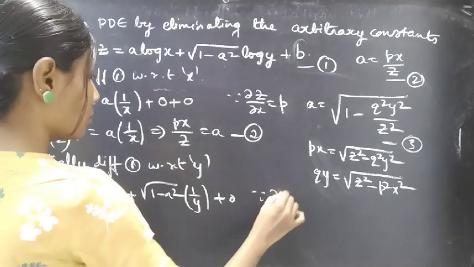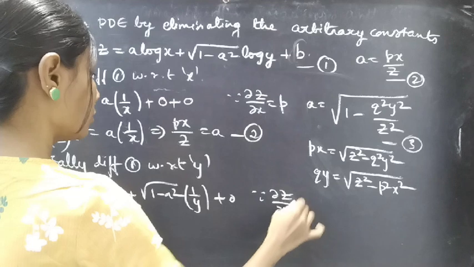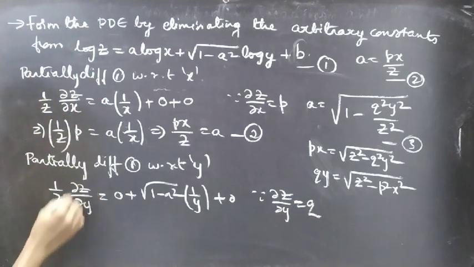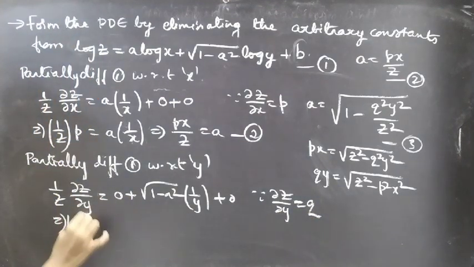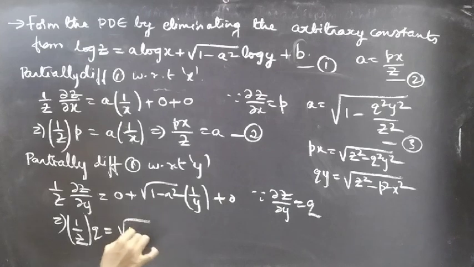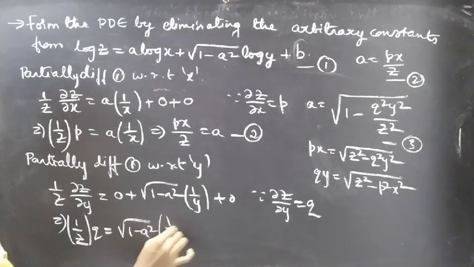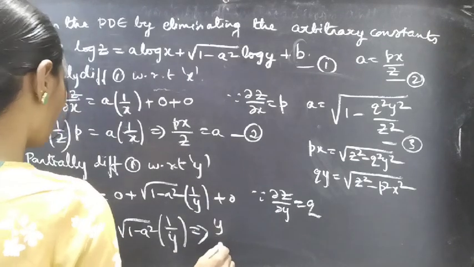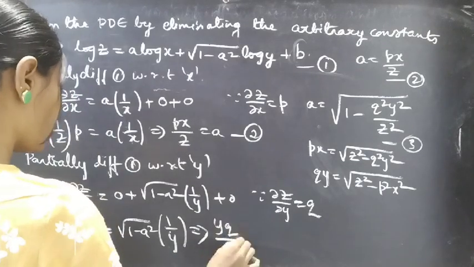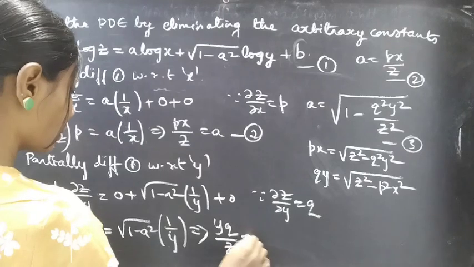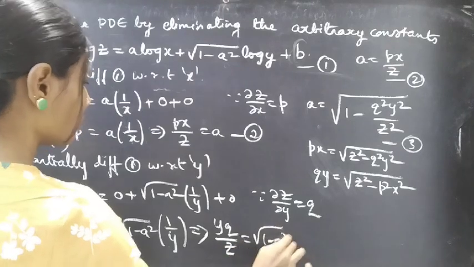Since dou z by dou y equal to q, we'll replace it by q, and we'll get 1 by z into q equal to square root of 1 minus a square into 1 by y. Now bring this y to LHS, and we'll get yq by z equal to square root of 1 minus a square.